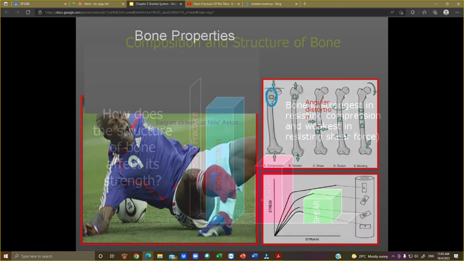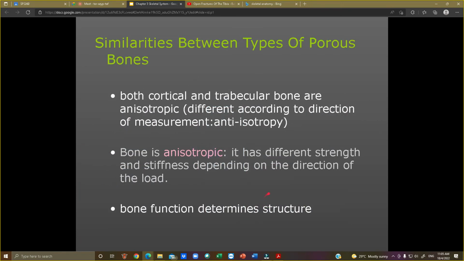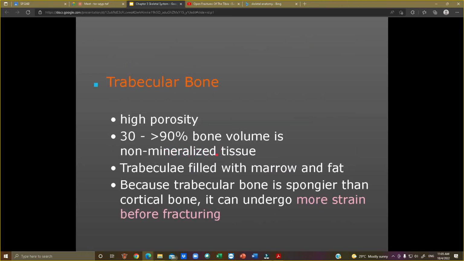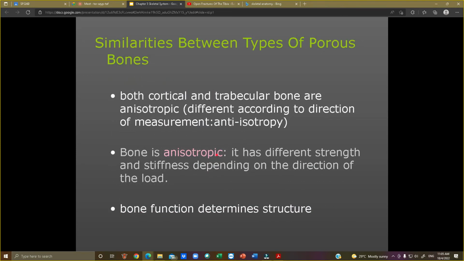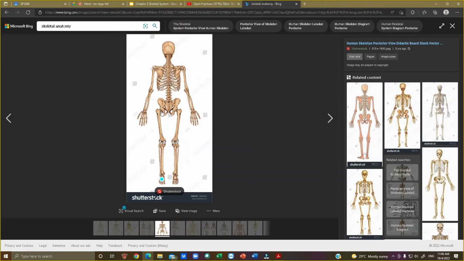Soalan ni bermula daripada situ tadi, daripada sini. What is anisotropic? Kenapa function dia berubah? Tadi kita dah cakap for long bones like this, the threshold to withstand force is actually from top to bottom. But in some cases, it is better from medial and lateral. Macam tadilah, orang tu sepak ke tulang kering.